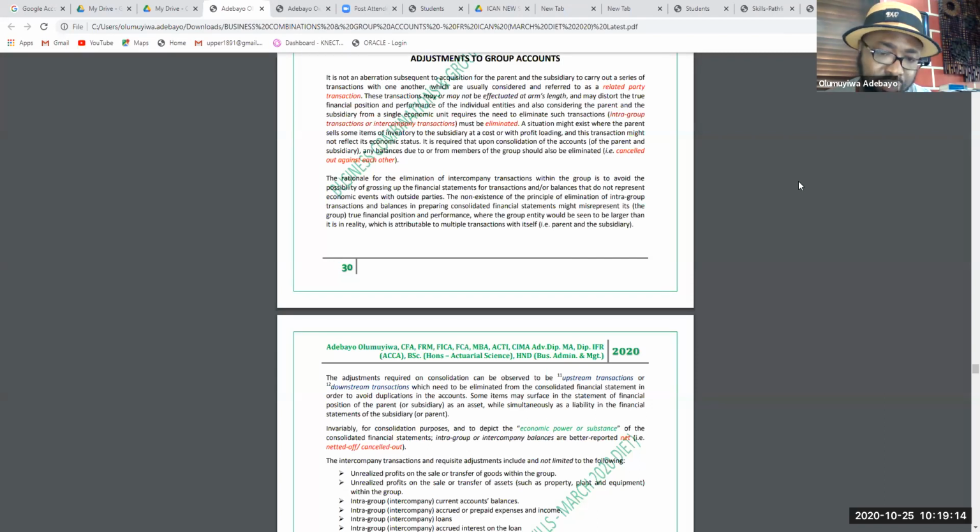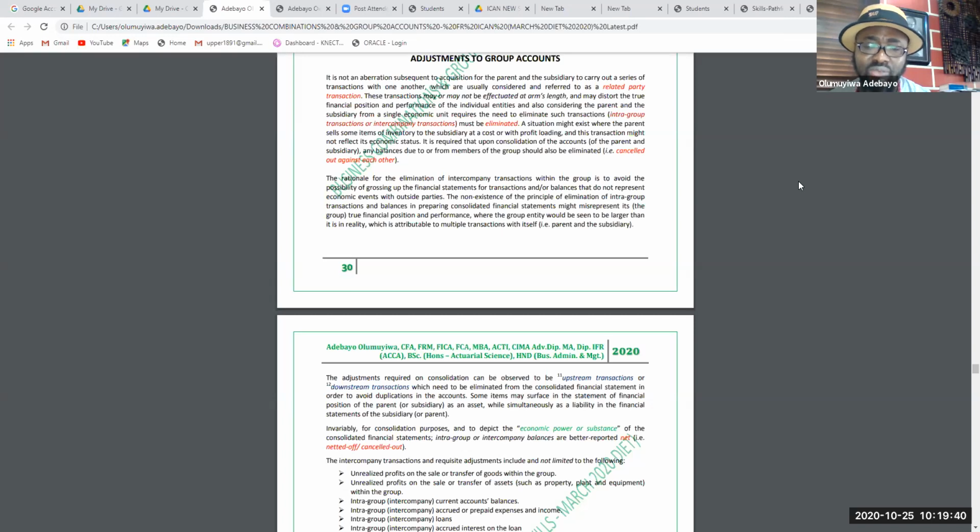Let us say the parent operates in the south of the country and the subsidiary operates in the north. Because of expansion towards the north, the parent acquired the subsidiary that has a dominance in the north. Now they become members of the same group.